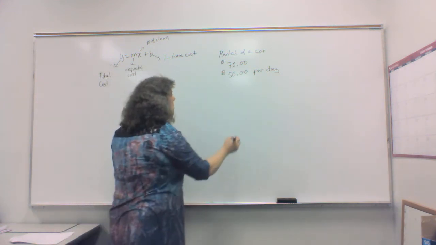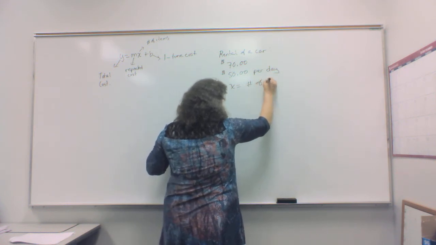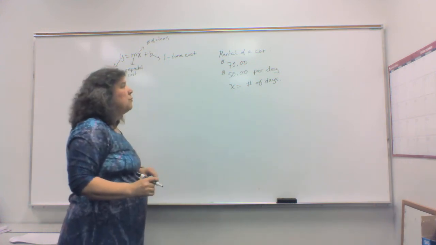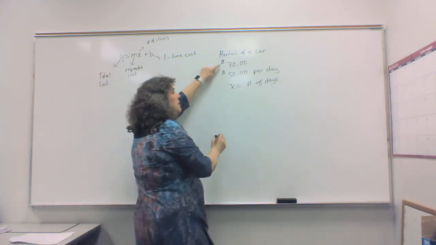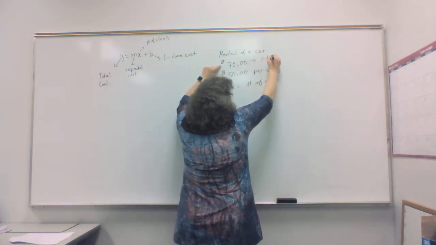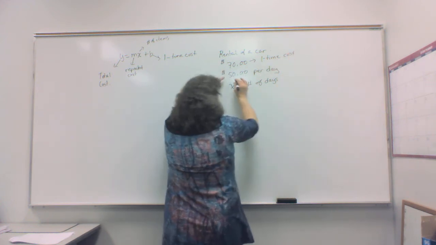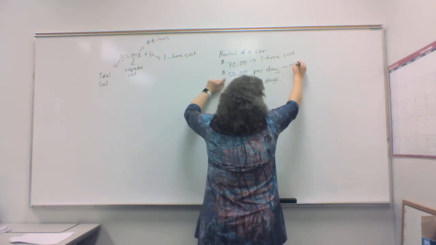Okay? So x is going to be my number of days that I rent the car. What is my one-time cost? This one is my one-time cost. It's my upfront cost, which is my one-time cost. $50 per day, $50 is your repeated cost.